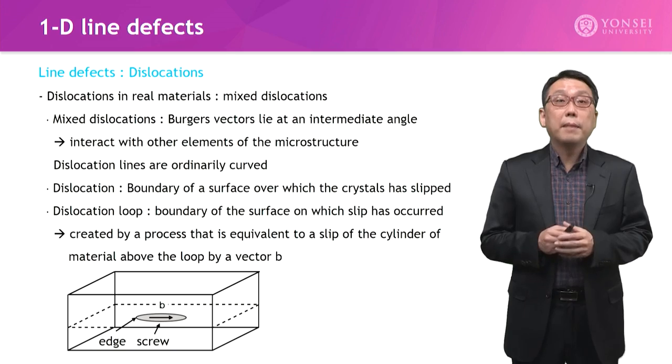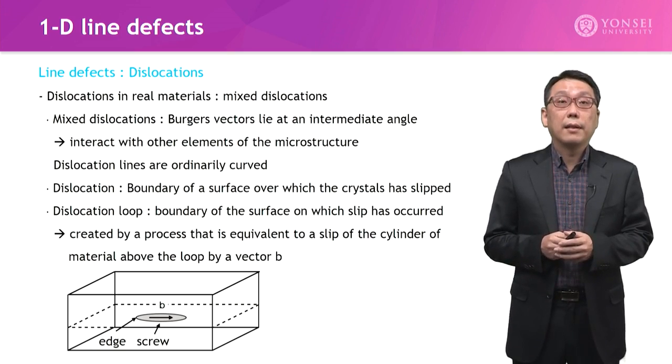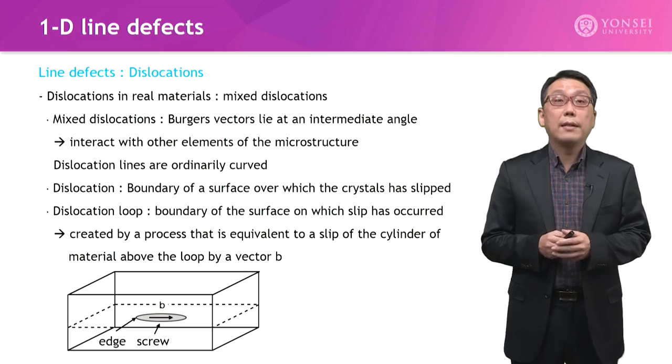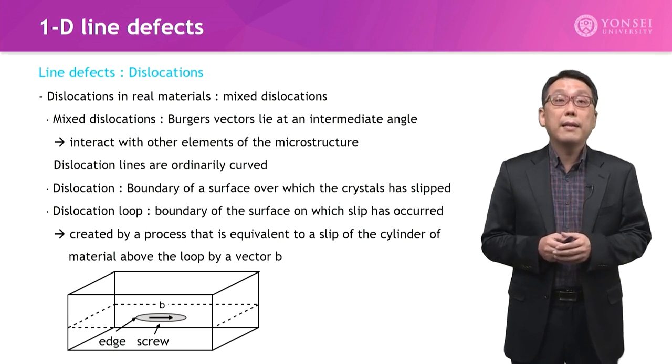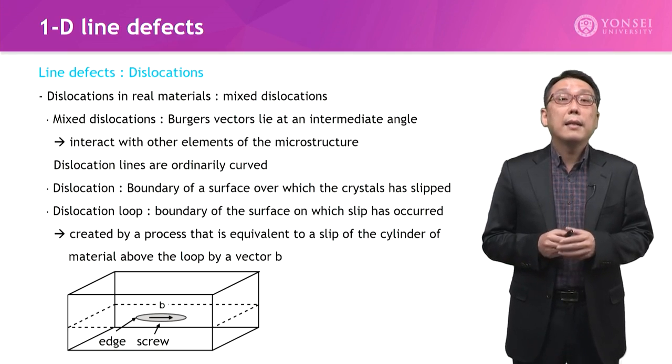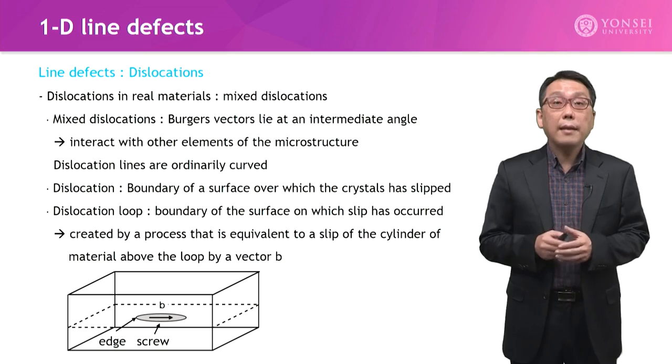Dislocations in real materials generally have mixed character, of edge dislocation and screw dislocation. In a mixed dislocation, Burgers vector B lies at an intermediate angle, and they interact with other elements of the microstructure. So dislocation lines are normally curved.